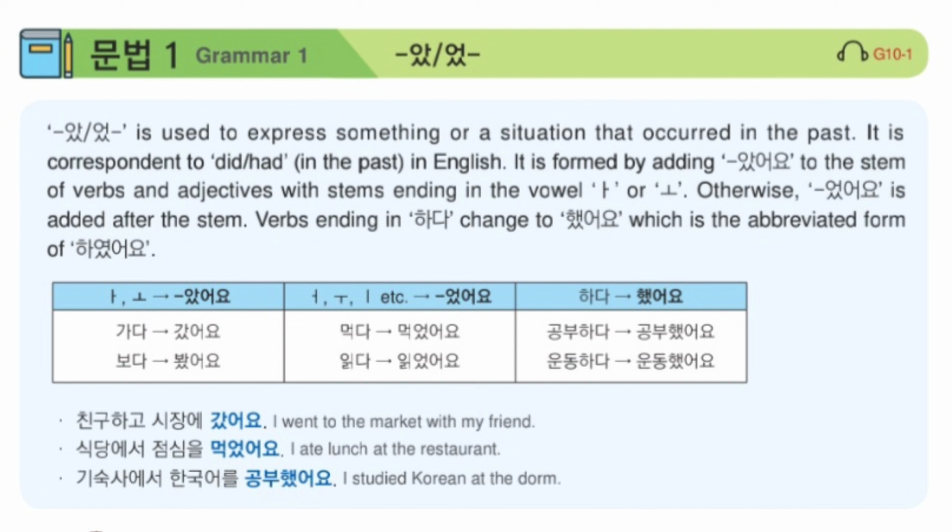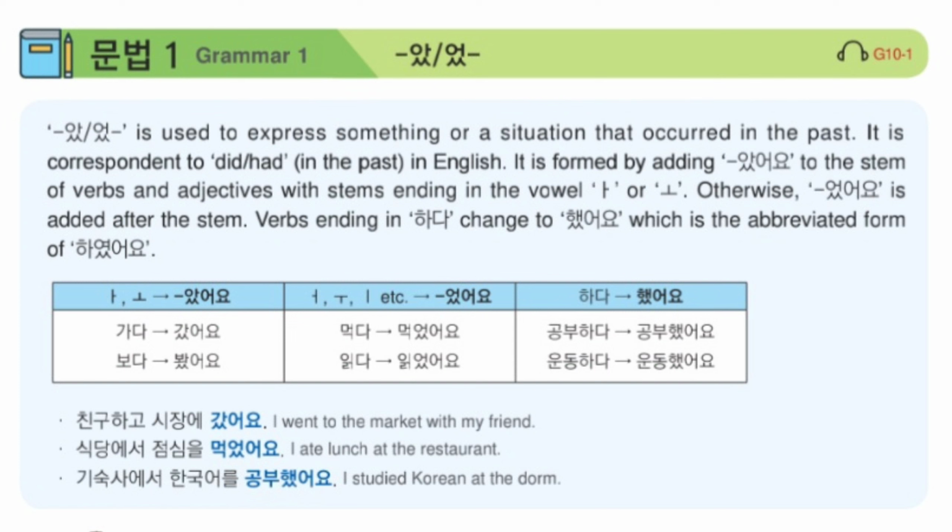If you want to change the verb to the past, you need to add another ending before the 어요. It's always 어요 when we put another ending in front of it, so just remember that. So, if you make a verb past, first you add 았 or 었, and then you add 어요. If we put that together, it's 왔어요 or 없어요.